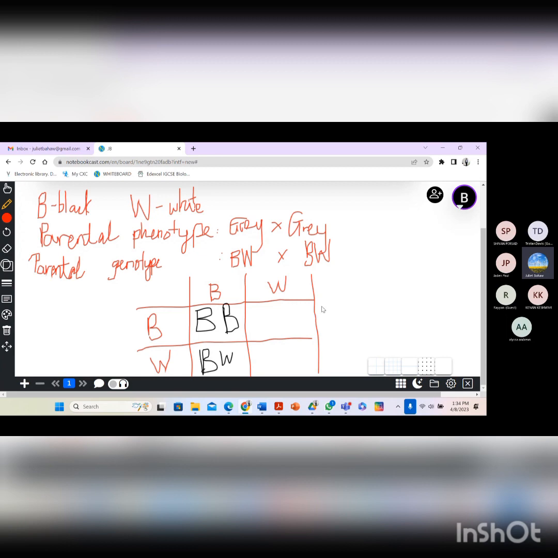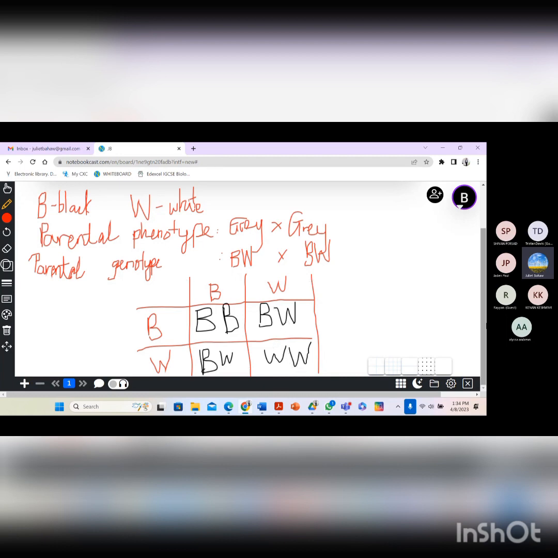And over here, BW. Right, and the last one? WW. Right. Everyone saw that? Yes, miss. Now we have to understand what these symbols are representing.